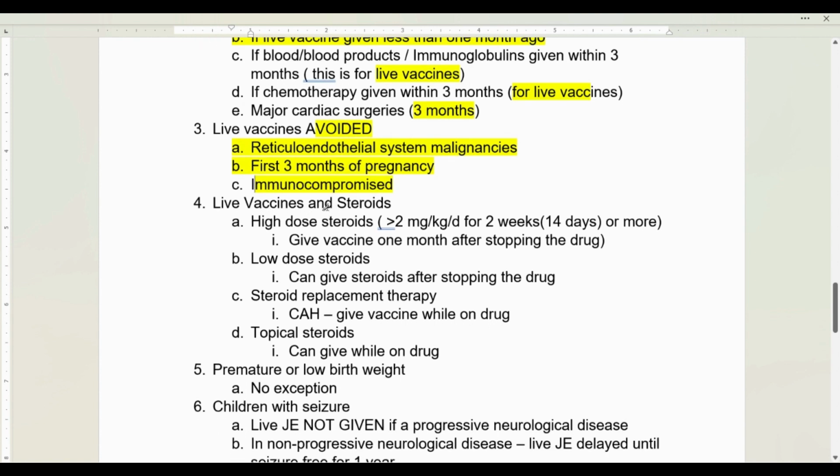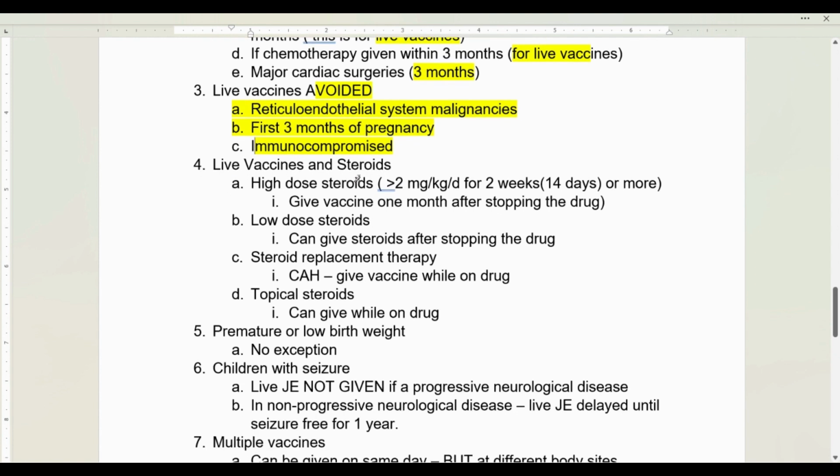Live vaccines and steroids, like in nephrotic syndrome, in a child we give steroids. So we have to postpone or delay vaccines sometimes when the child is on high dose steroids, and high dose means more than 2 milligram per kilogram per day for 2 weeks or more.